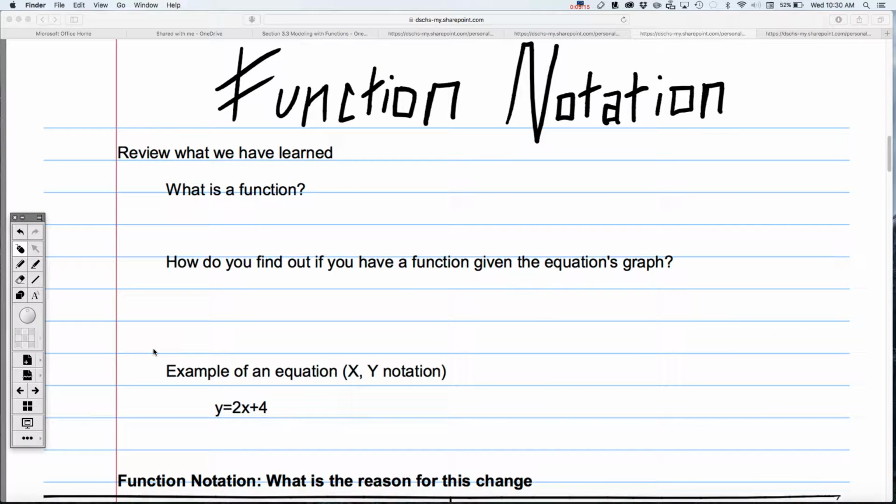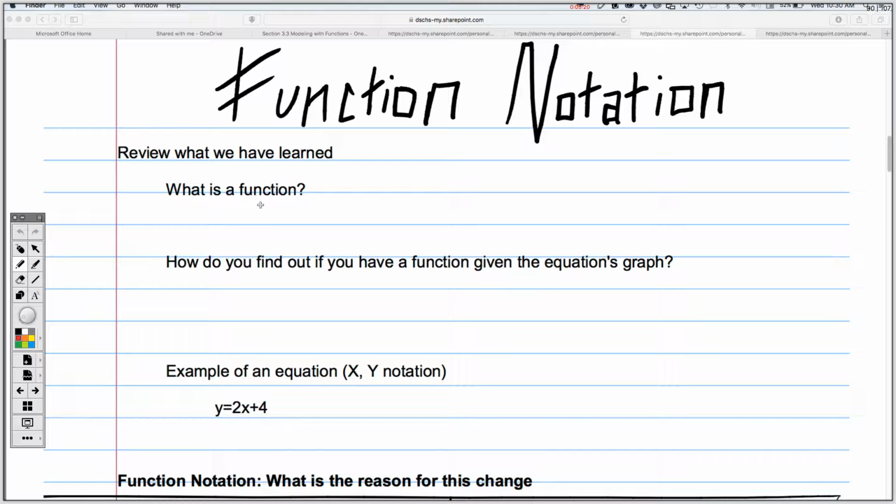Okay, function notation. Review what we have learned. What is a function? A function has one x value for every y value. How do you find out if you have a function given the equation's graph?